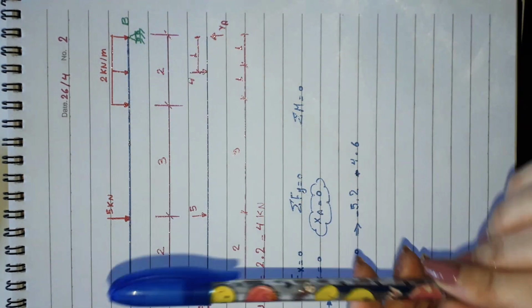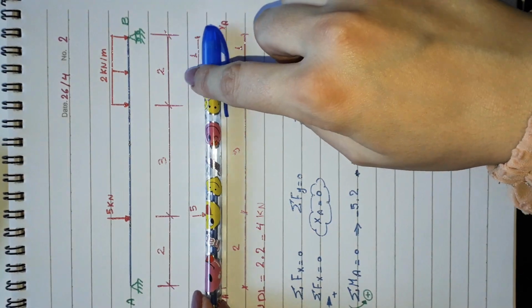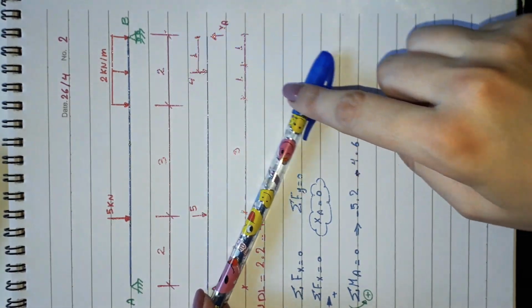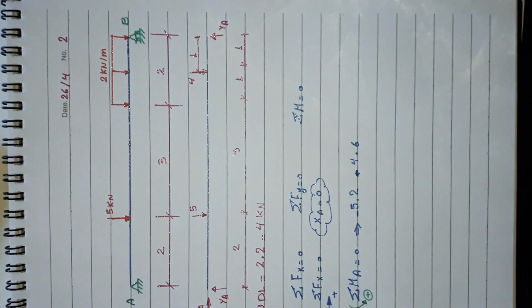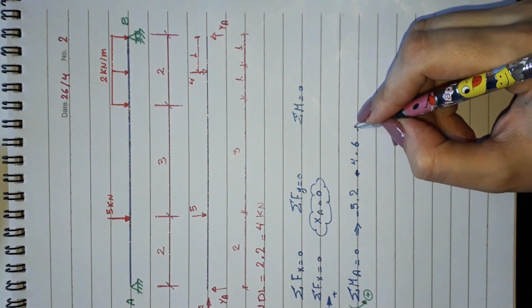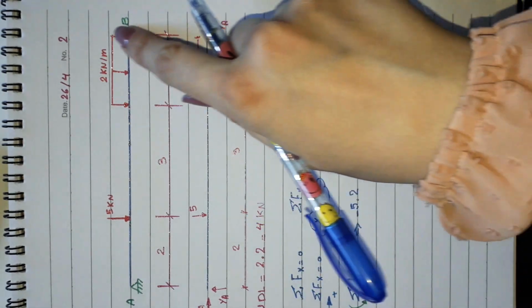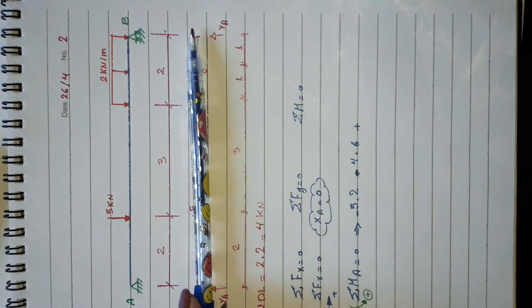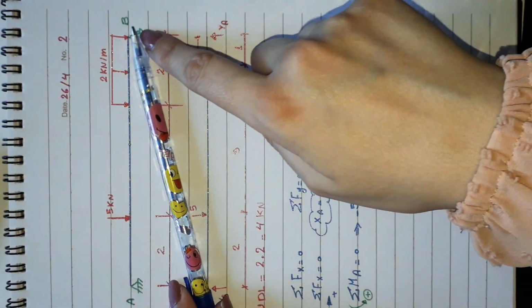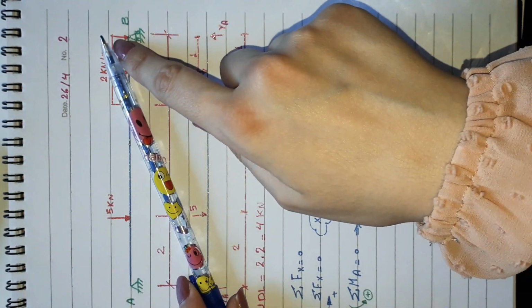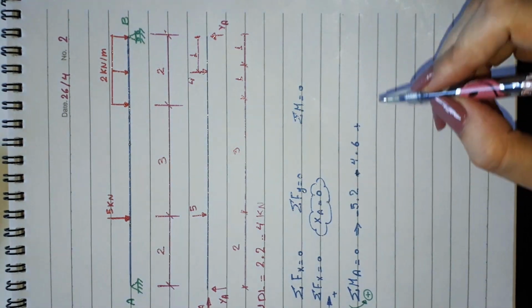And we wrote minus because 4 makes the beam go clockwise. And now we have YA. I assume that YA is in the positive Y direction. As you see, YA makes the beam go counterclockwise, so its moment is positive.